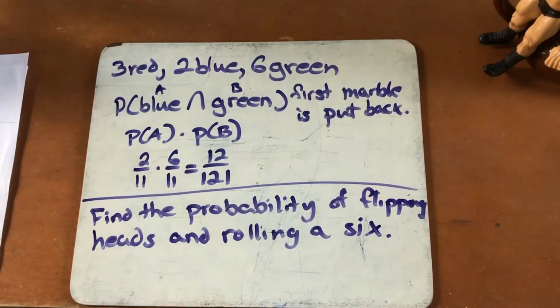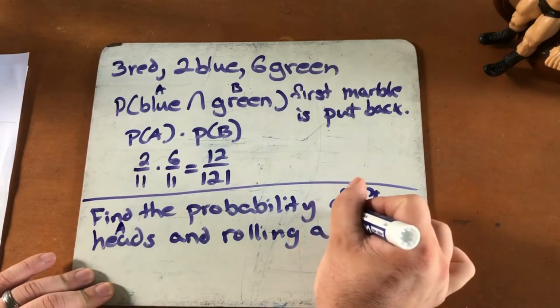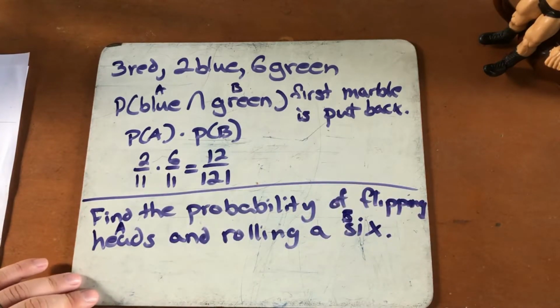These are 2 independent events, because does flipping a coin have any effect on what number you can roll on a die? No, it doesn't. So flipping a heads is going to be A, rolling a 6 will be my B.